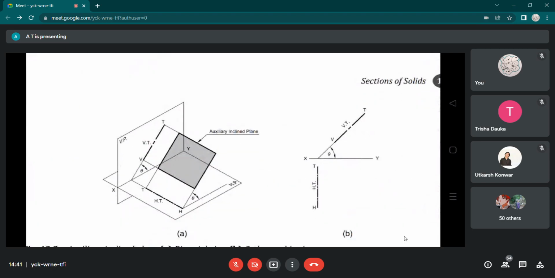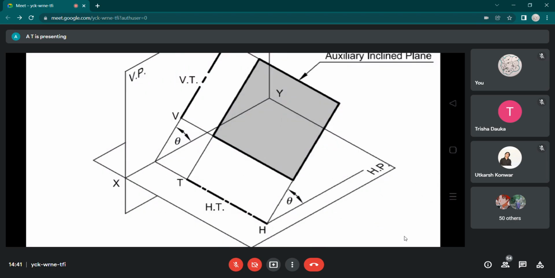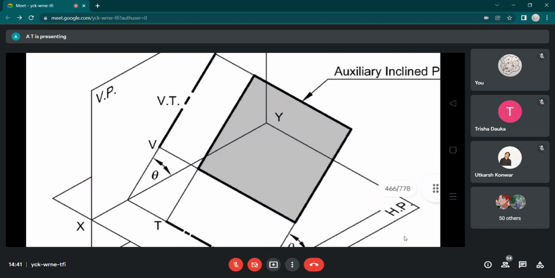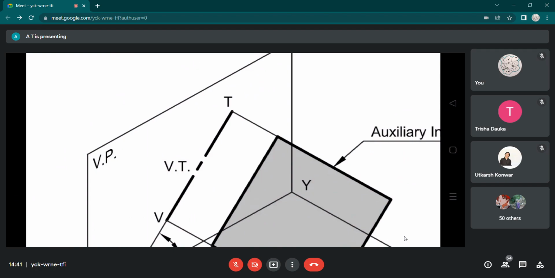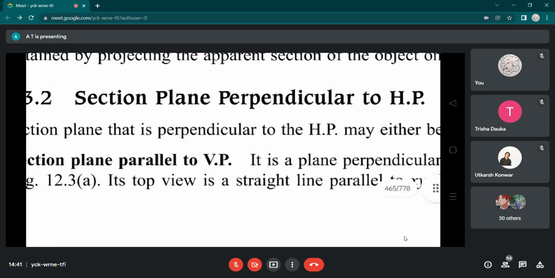If you watch this plane from the right, it will appear as an inclined line, this V T. You can see this V and this T. So it will appear as an inclined line on the vertical plane if you see from the front view.